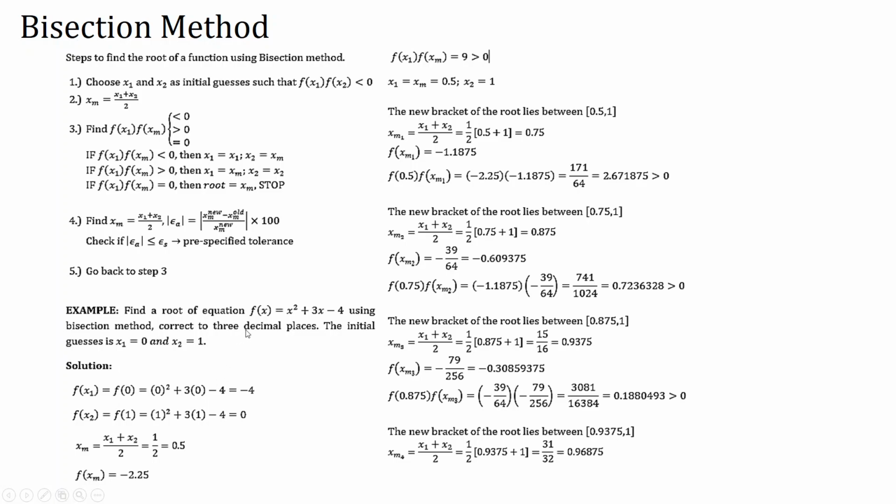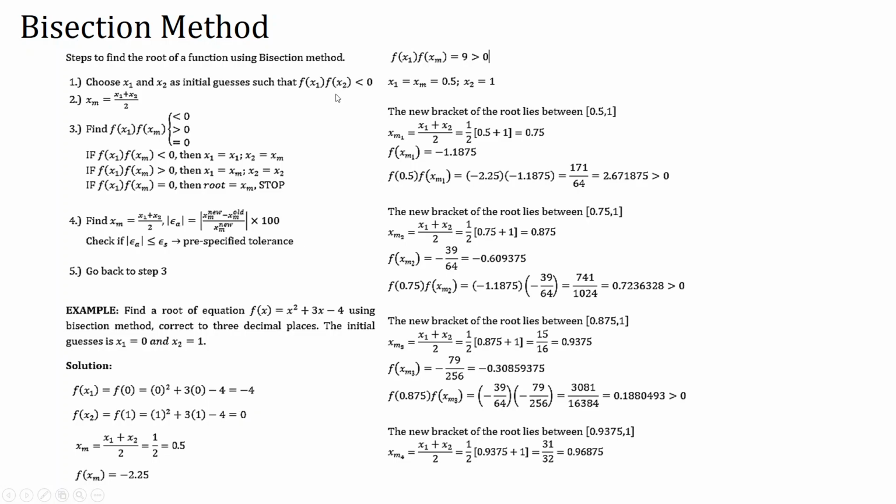So f of 0 is 0 squared plus 3 times 0 minus 4, that is minus 4. Then f of x2, x2 is 1. So f of 1 is 1 squared plus 3 minus 4, that is 0.